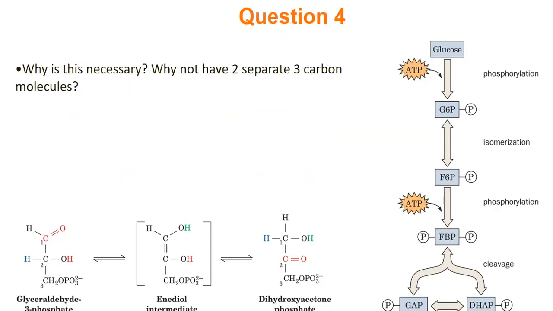So the next question I have, why bother doing this? Why don't you just put GAP and DHAP through glycolysis? Why do this weird conversion? Why, evolutionary speaking, would we want to do this conversion? Good critical thinking question right there.